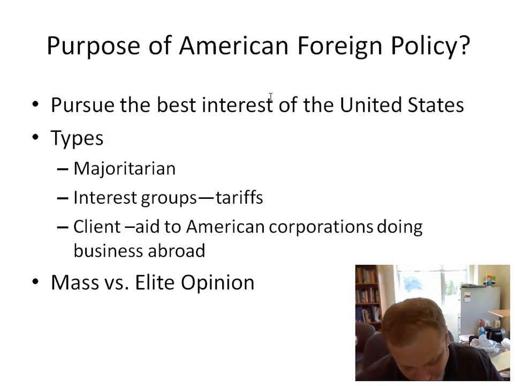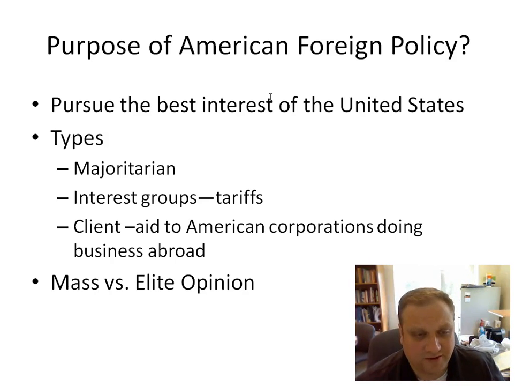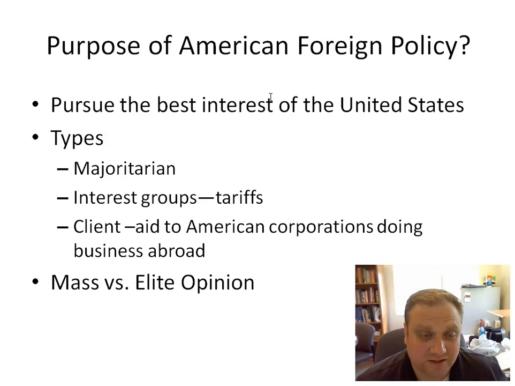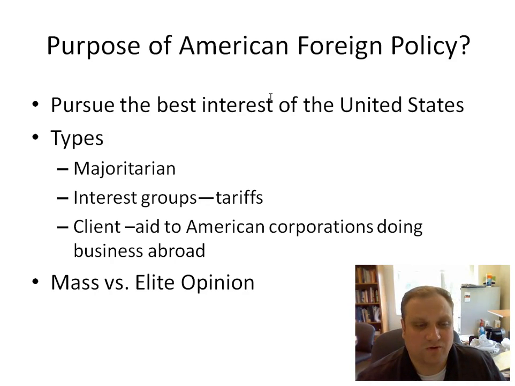Now, we can also say that, well, wait a minute, we also say we do humanitarian missions and everything else, promote democracy. Certainly. But we do so because we think it serves our best rational self-interest in some way or another. That promoting democracy in some parts of the world makes the world a more stable place for the United States to live in.